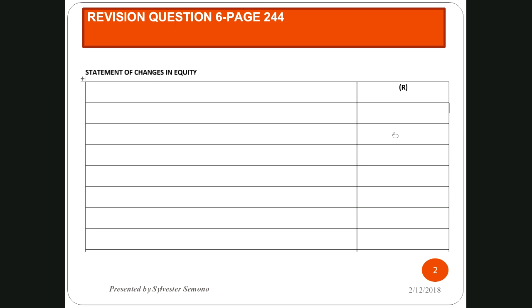Now, firstly, we need to know what the Statement of Changes in Equity consists of. In a nutshell, for me to be able to understand this statement, this is just a movement around capital. For example, if you started with a capital of 5,000, it doesn't mean that you'll end up with a capital of 5,000.